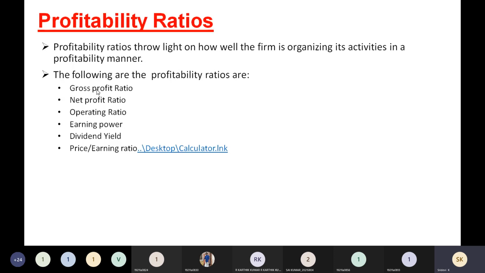So gross salary means without paying taxes and all, you are going to get some amount, no? So that is gross salary. In the same manner, gross profit here. For example, I am telling for comparison. The amount that is left over is called net salary, no?